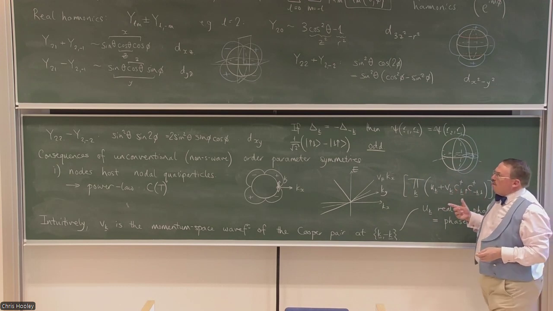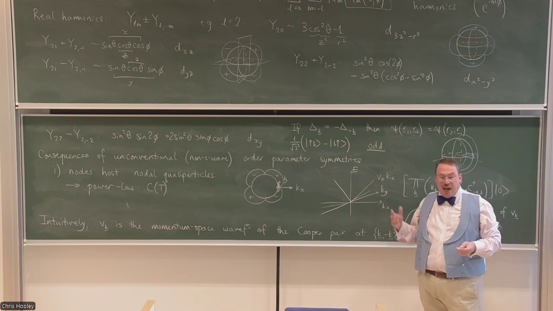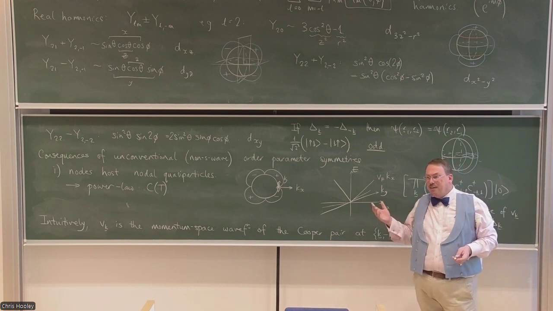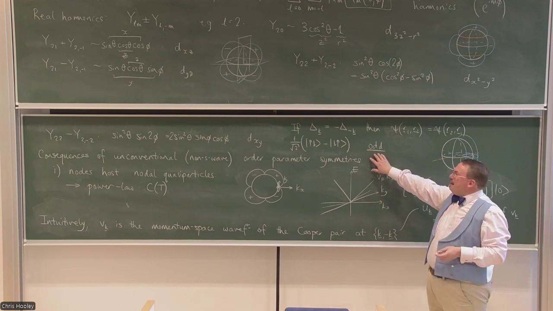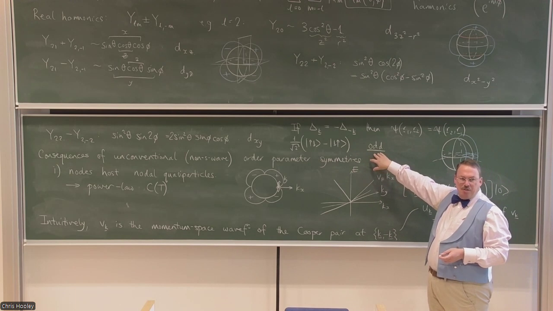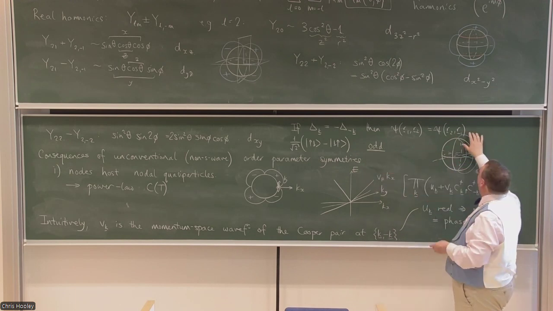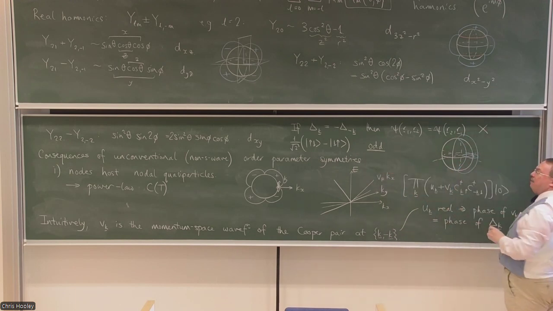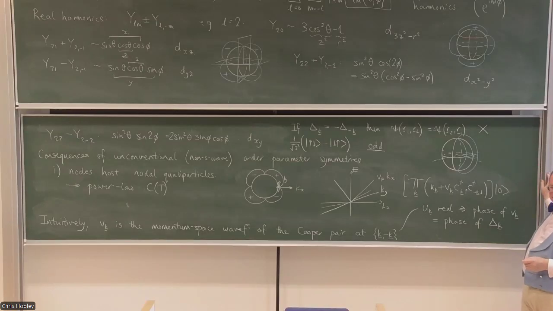The total wave function for two fermions has to be antisymmetric, because that's just the definition of fermions. And so if we already have a minus sign coming from the spin part, we cannot have a minus sign coming from the space.